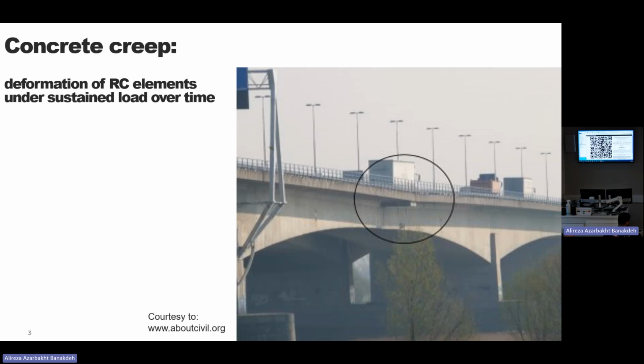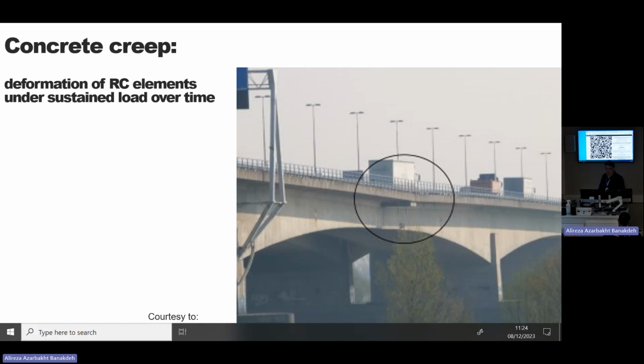If it's a building or a bridge, it has a deformation. But after 1, 2, 3 years, over time, the deformation will be increased. And this increase in the deformation over a long time is called creep. And it's particularly for concrete elements, not for steel structures.